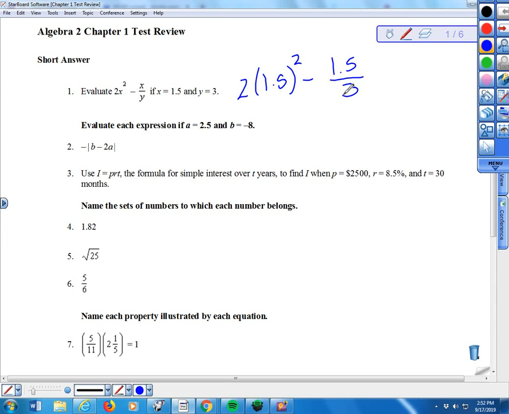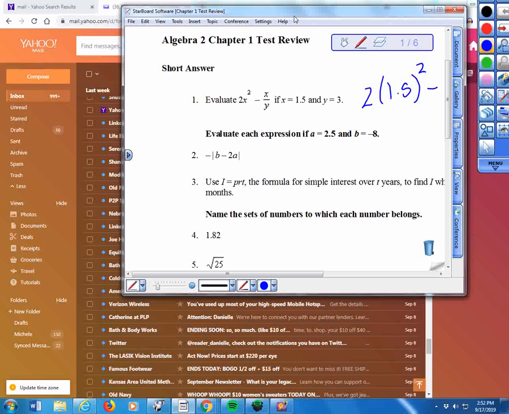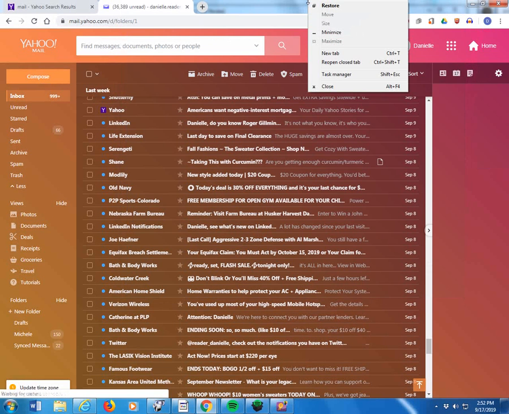1.5 squared times 2, minus 1.5, divided by 3 is 4.